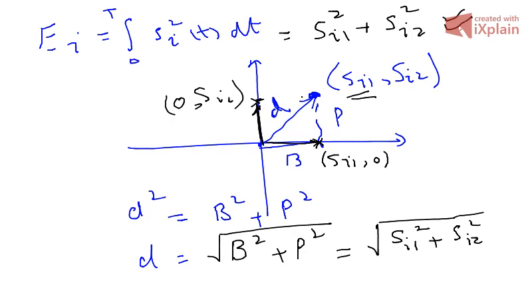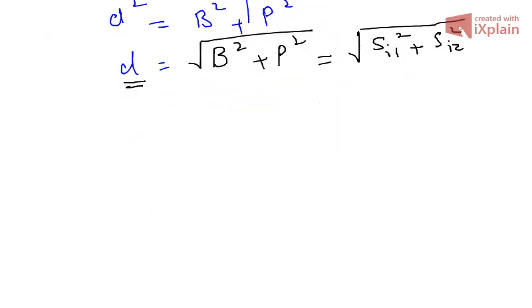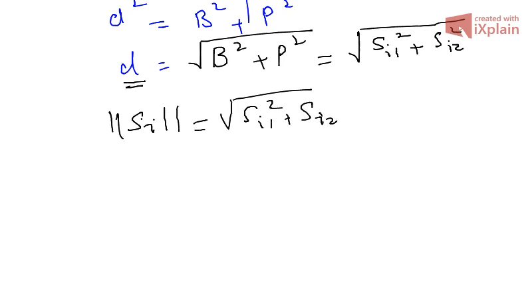So you can see that the signal magnitude |s_i| is equal to the square root of s_i1 squared plus s_i2 squared, and we have verified it earlier that this is equal to the square root of the energy of the signal.